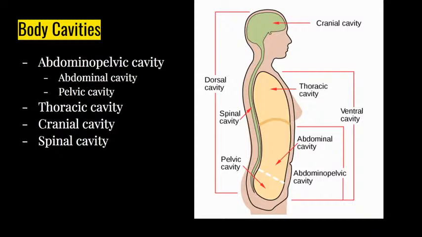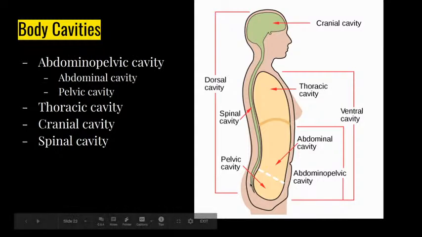Superior to the lumbar region is the thoracic cavity, right here in the chest area, and it encases the esophagus, heart, lungs, and respiratory trees. Within the skull is the cranial cavity, which surrounds the brain. And lastly, we have the spinal cavity, which covers the spinal cord.